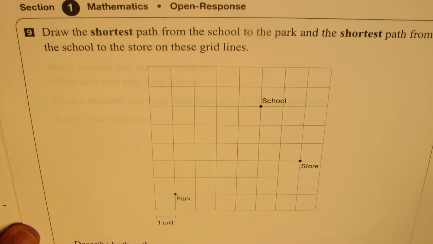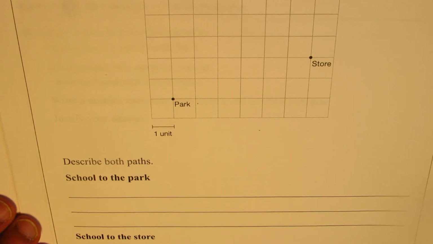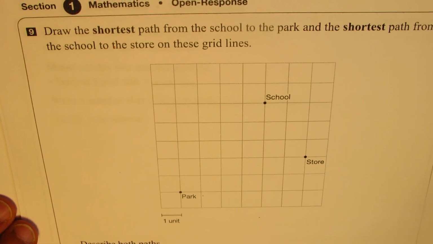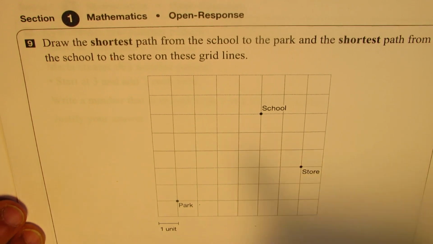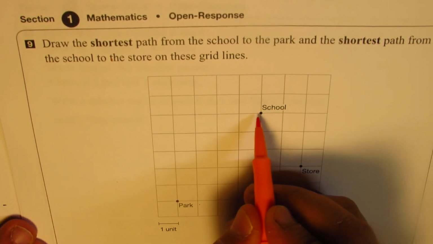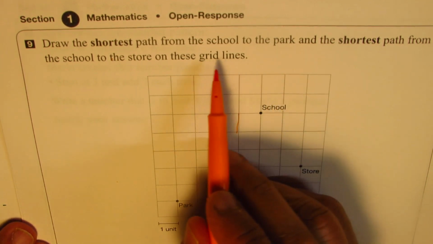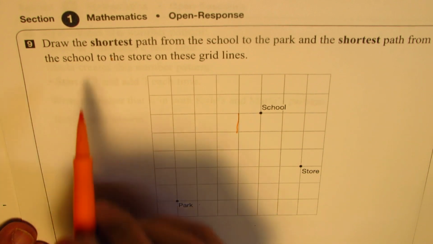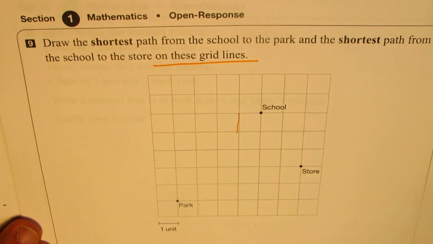And the second part of this is describe both paths, right? So this is kind of a tricky question, I should say. Now, we will say, normally speaking, you have to go along the road, right? So along, it says the school to the store on these grid lines, right?